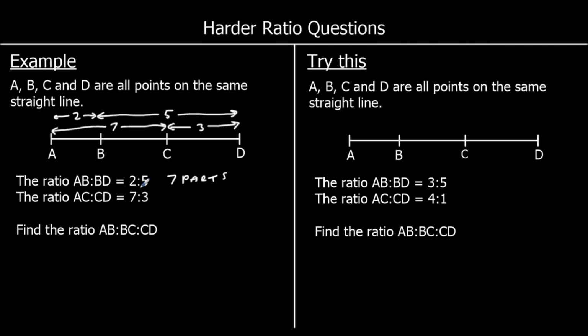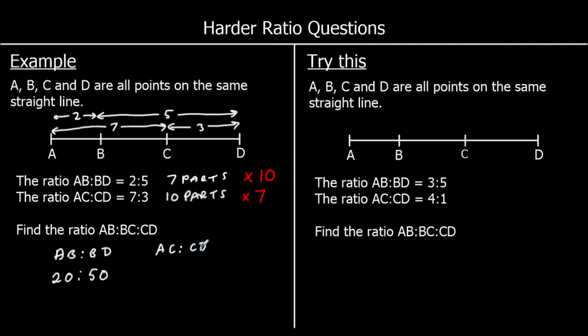And AC to CD has got 10 parts. So we need to make them the same. So let's times our top ratio by 10 and our bottom ratio by 7. And then both ratios will have 70 parts. So we can say AB to BD, if I multiply by 10, will be 20 to 50.